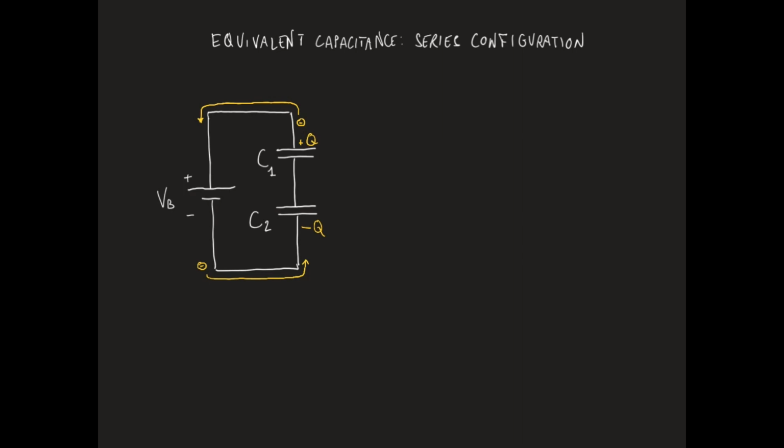A charge minus Q will then be induced at the bottom plate of C1, and the charge plus Q will result at the top plate of C2. The voltage across C1, let's call it VC1, will be given by Q over C1, while the voltage across C2, let's call it VC2, will be given by Q over C2.